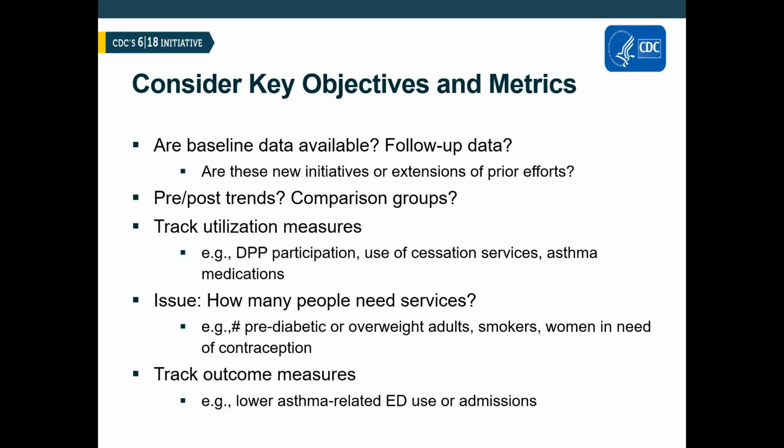Do you have follow-up data? Can you compare trends pre and post 618 work? Do you have comparison groups? And judging from past states' experience, it really varies. So every state's in a different place with these questions, but it's a way to get started.